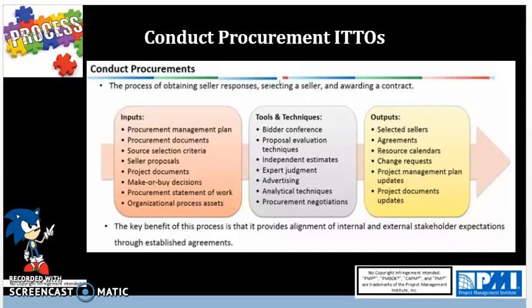And last but not least, you have updates to the project documents, and this is updates to the requirements document, requirements traceability matrix, risk register, stakeholder register, and procurement documents. So the key benefit of this process is that it provides alignment of internal and external stakeholder expectations through established agreements.